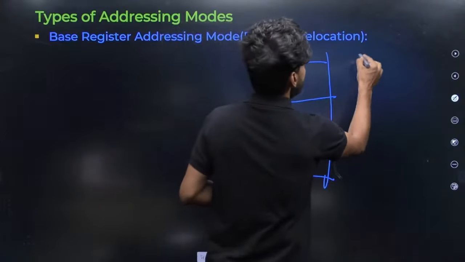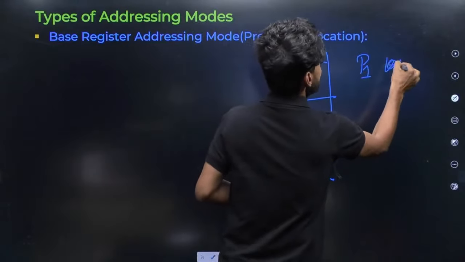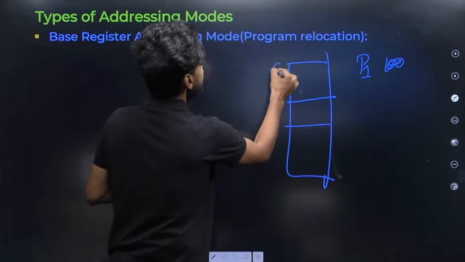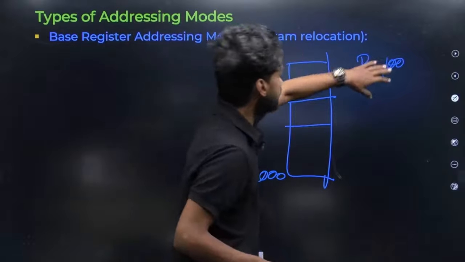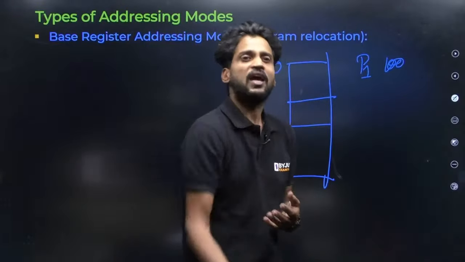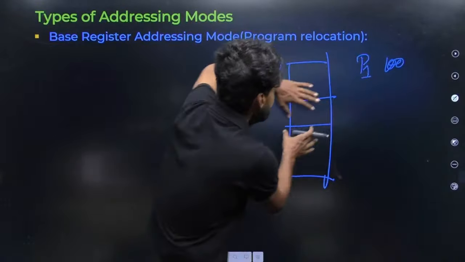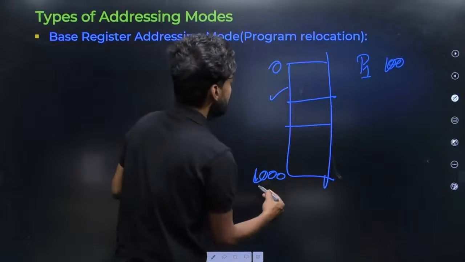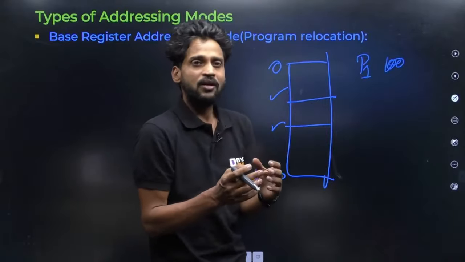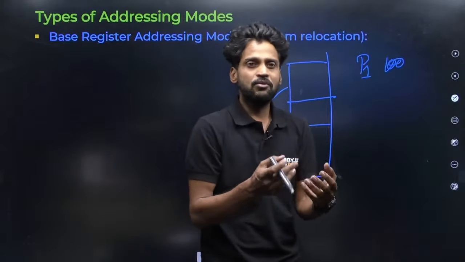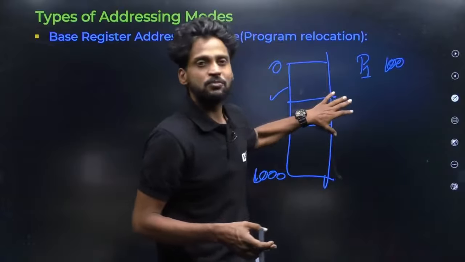Let us say the program P1 is of 100 instructions. My main memory has 1000 locations, 0 to 1000. Where does this program have to get loaded? How can I track how exactly this program is getting loaded, what is the origin and what is the final address of the program? I need to keep track of this. I need to maintain the file of this program, right?